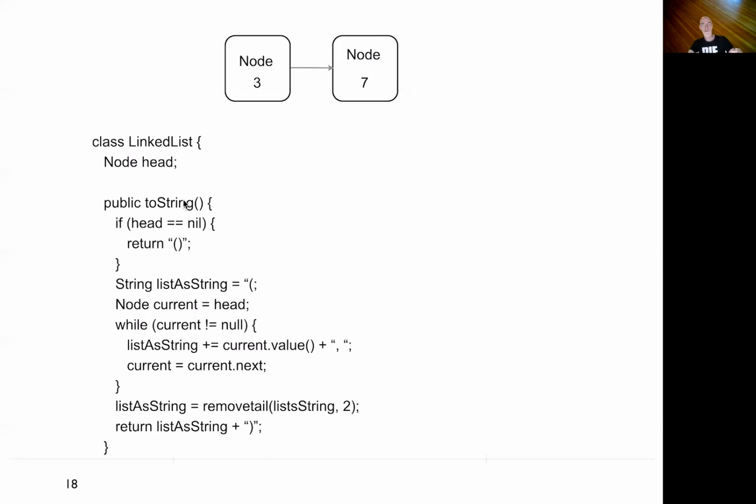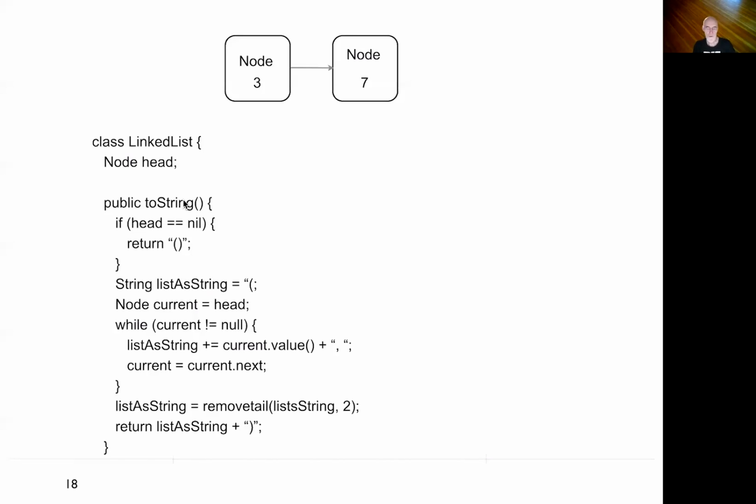If it's not null, do this. If it is null, do that, right? So the null pattern is an attempt to replace those null checks with sending a message to an object, and that object should represent the nothing that's there.